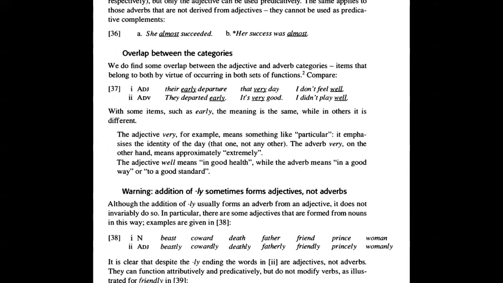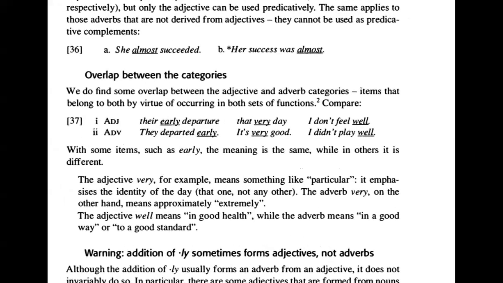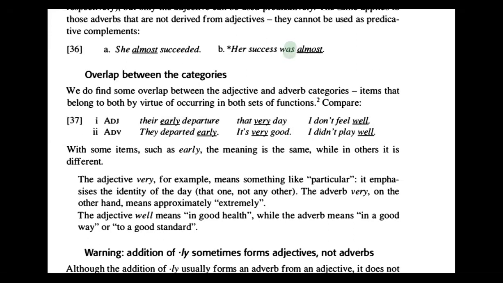Now let's move on to the overlap of the categories. But before, we will take these two examples. She almost succeeded. Her success was almost. You know, we mentioned that adverbs cannot come after the linking verb, like here.